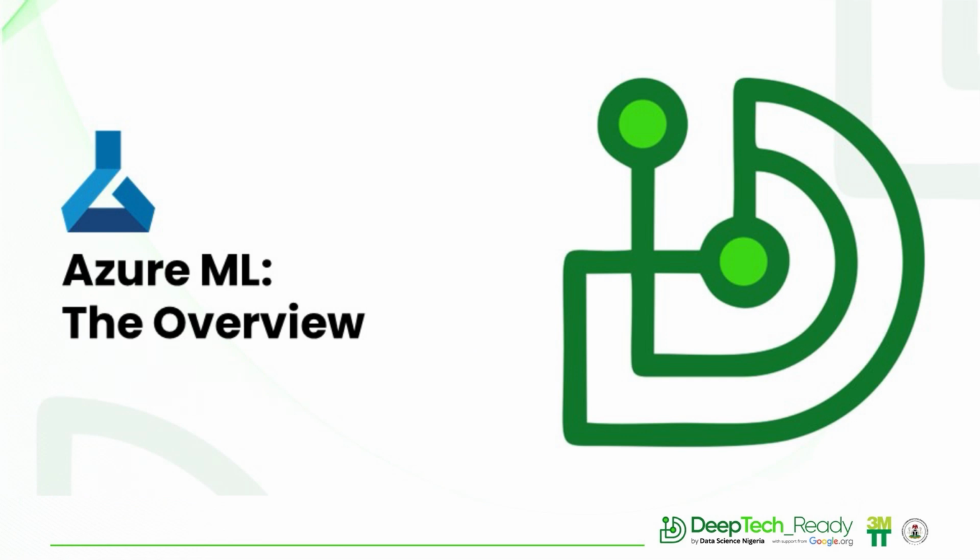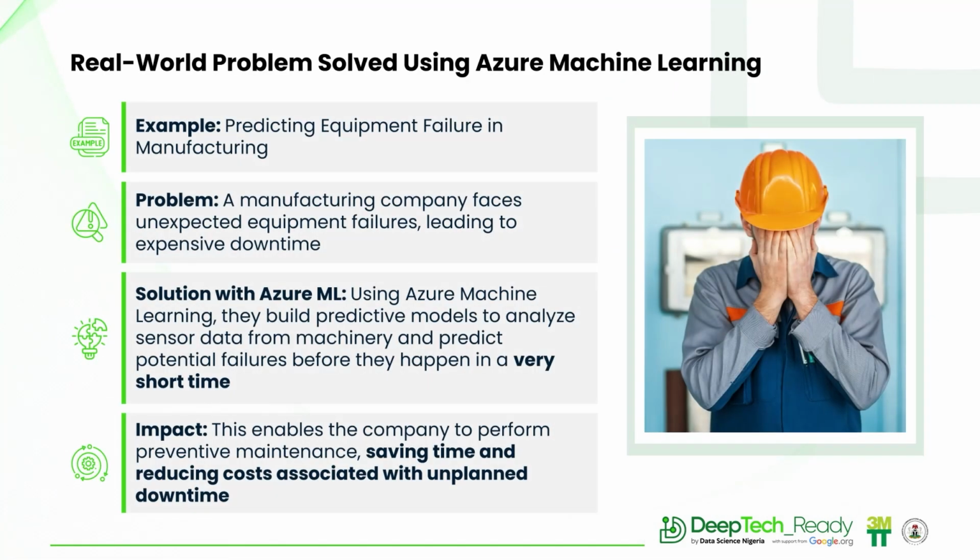Let's look at a problem. We look at the solution provided by Azure ML, and we look at how exactly it has made the problem or the situation better. So our problem here is a manufacturing company. The manufacturing company faces unexpected equipment failures. Just like that, equipment fails, and it leads to expensive downtime. What was done?